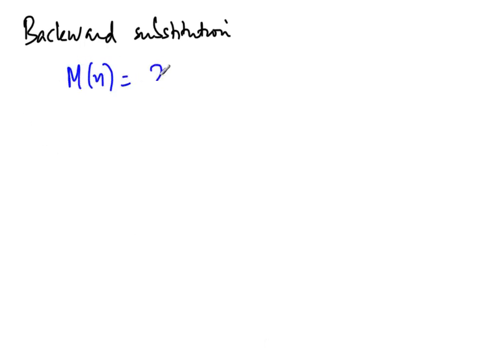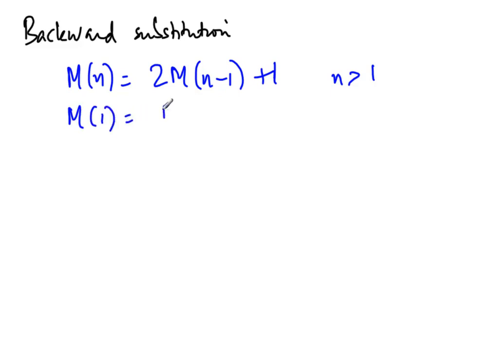Again we can use this backward substitution idea and look for a pattern. We start off with m of n is equal to 2 times m of n minus 1 plus 1, for n greater than 1. And for n equal to 1, the initial condition, m of 1 is equal to 1. So we expand m of n, we get 2 times m of n minus 1 plus 1.